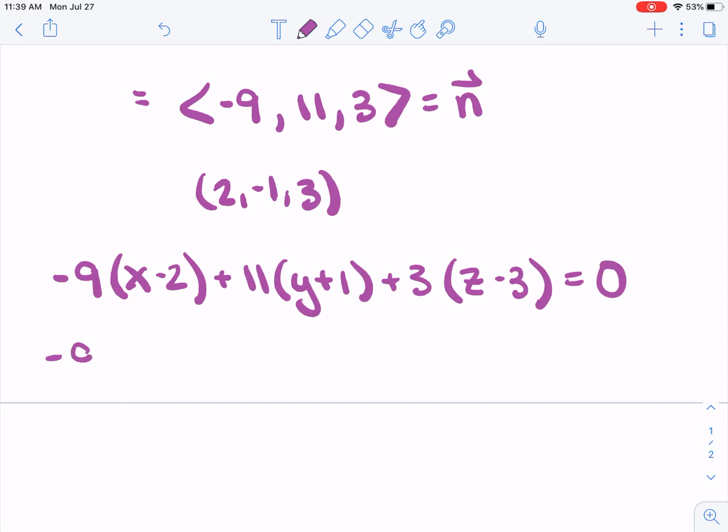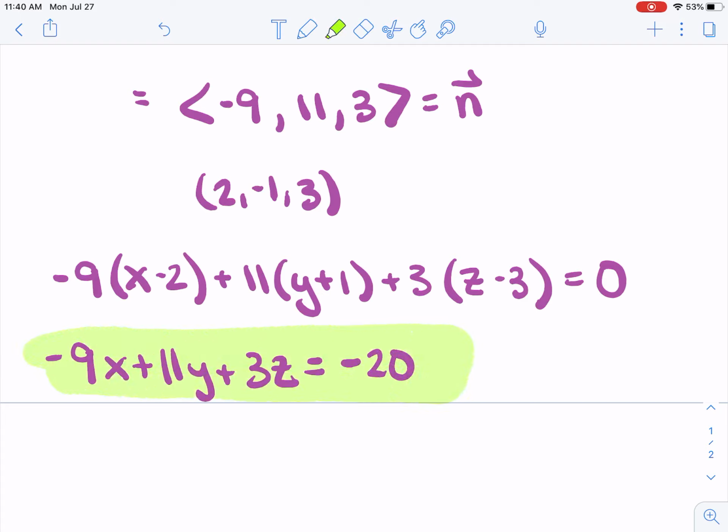In standard form, that's -9x plus 11y plus 3z equals, let's see, we've got 18 plus 11 is 29, minus 9 is 20. Put that on the other side, it's a -20 there. So that's the equation of this plane.